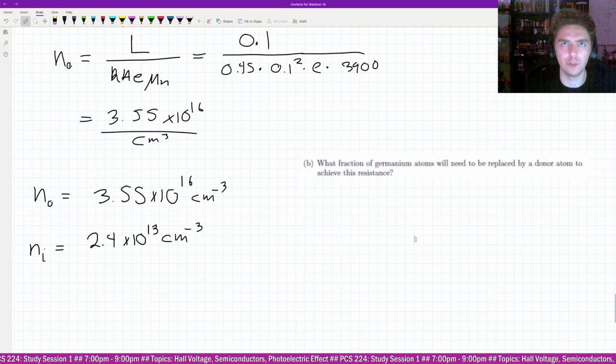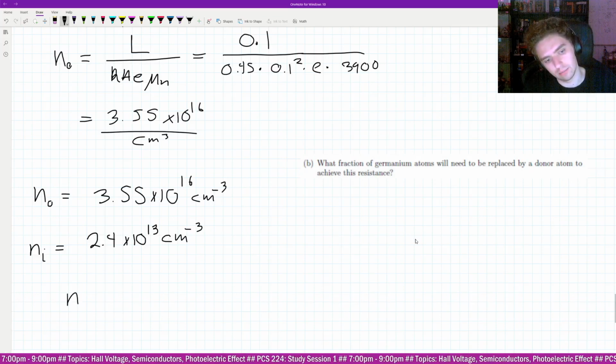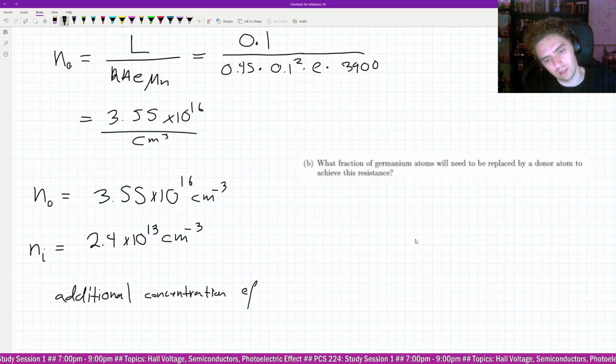That is the amount of new electrons that we need. So let me write that here: the additional concentration of electrons would be N0 minus Ni.